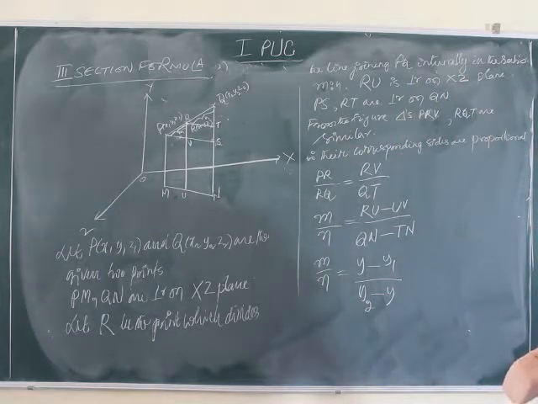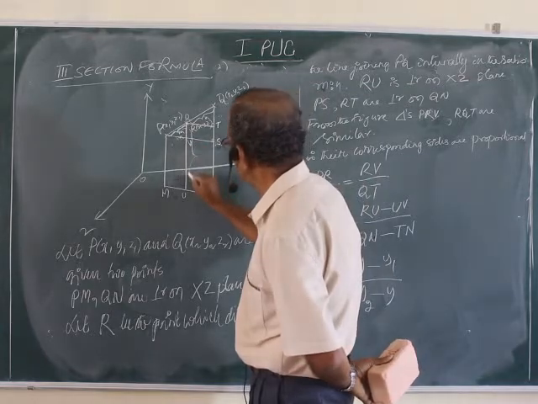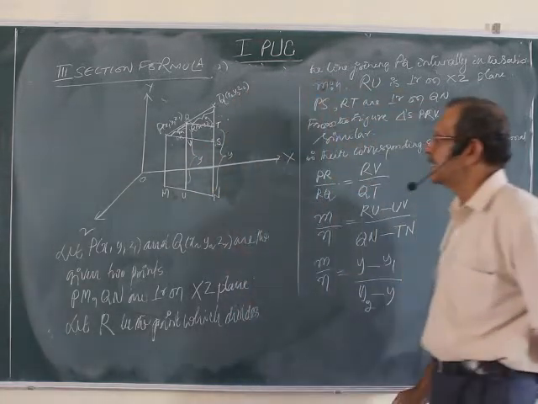Y minus Y1 divided by QN, whether it is correct? Yes, Y2 minus TN, the Y coordinate of the point R. Yes. RU, Y coordinate, TN, it is actually parallel and it is equal to Y2, no doubt. This distance is Y, this is also Y. Don't confuse with this. They are actually the same.